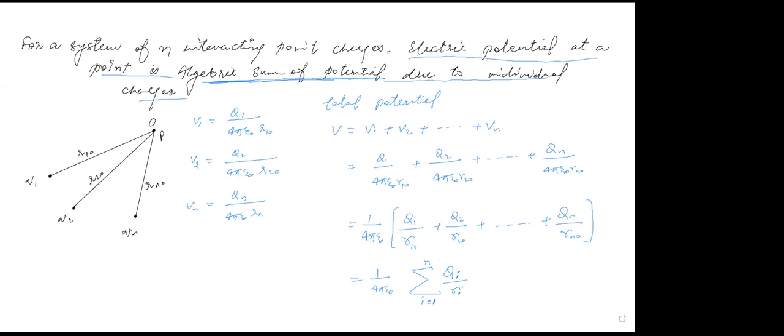Are you clear? And this value of i, you can take from 1 to the nth number. So this is your final potential at point P due to all of these individual charges.